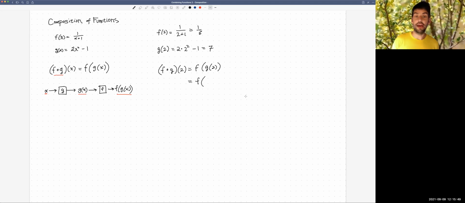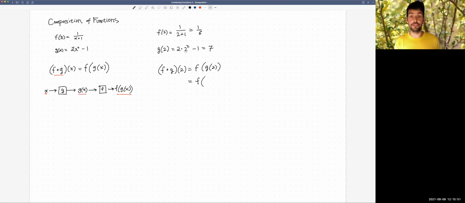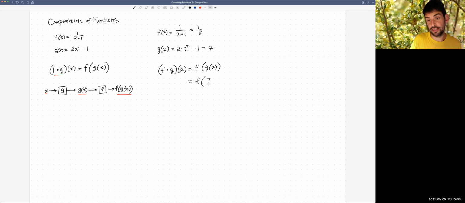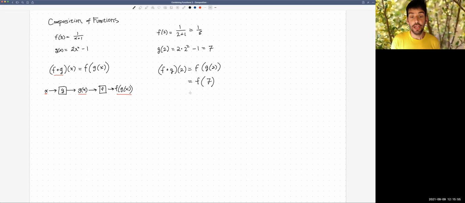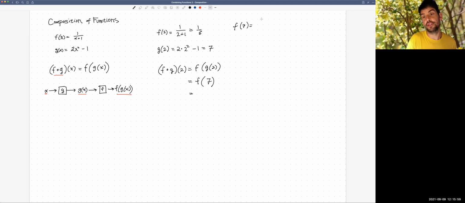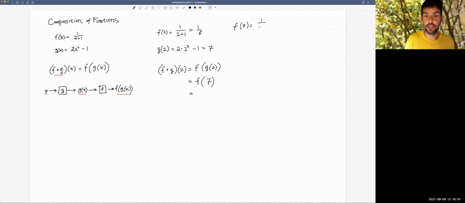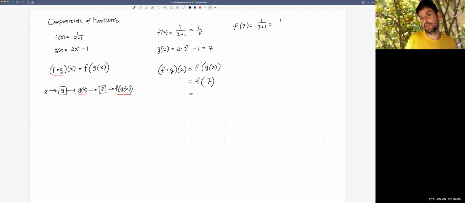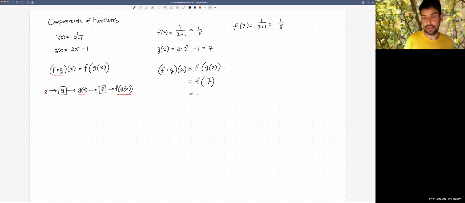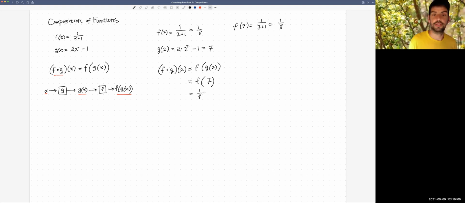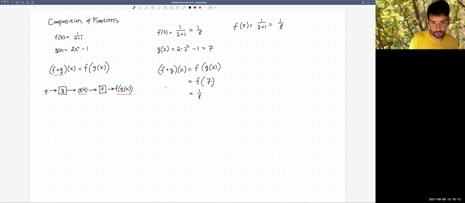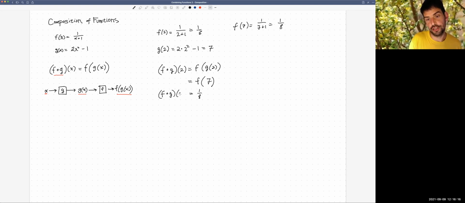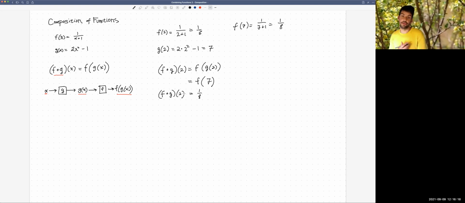G of 2 we just said is 7, right? So now we have to compute f of 7. Let's come up here and compute f of 7. That's 1 over 7 plus 1, or 1/8. Okay, so f of g of 2, or f composed with g of 2, spits out the number 1/8, right?